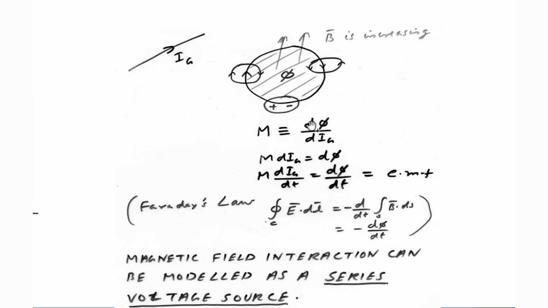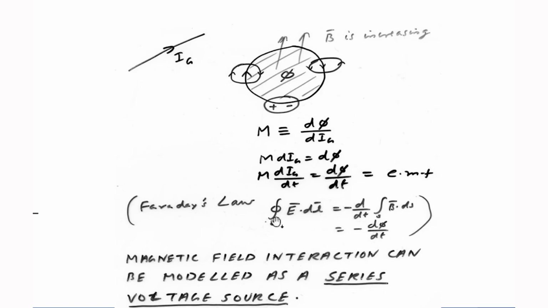You can do like this because this is the total derivative. So M dI_G equals d phi. Now you take the time derivative on both sides. M dI_G by dt equals d phi by dt. So the rate of change of flux, from Faraday's law we have seen, is just like an EMF, a source of voltage. So this is Faraday's law. So d phi by dt can be equated to minus d by dt of the surface integral of B dot dS.